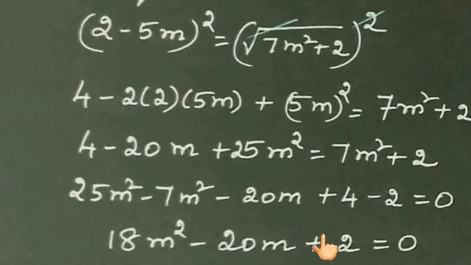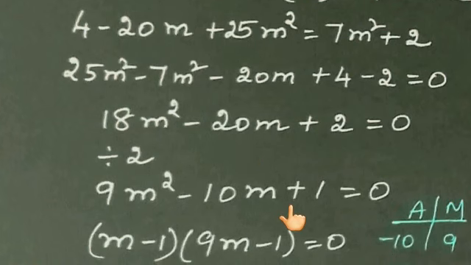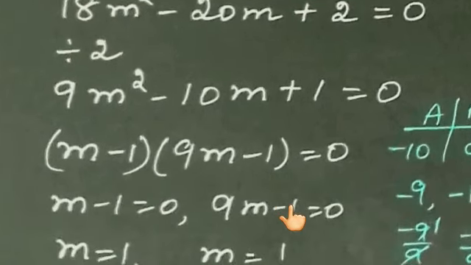So 4 minus 2 becomes 2. So we have got a quadratic equation in terms of m. 18m square minus 20m plus 2 is equal to 0. All these three terms are divisible by 2. So let us divide it by 2. Which becomes 9m square minus 10m plus 1 is equal to 0. So it is a quadratic equation.